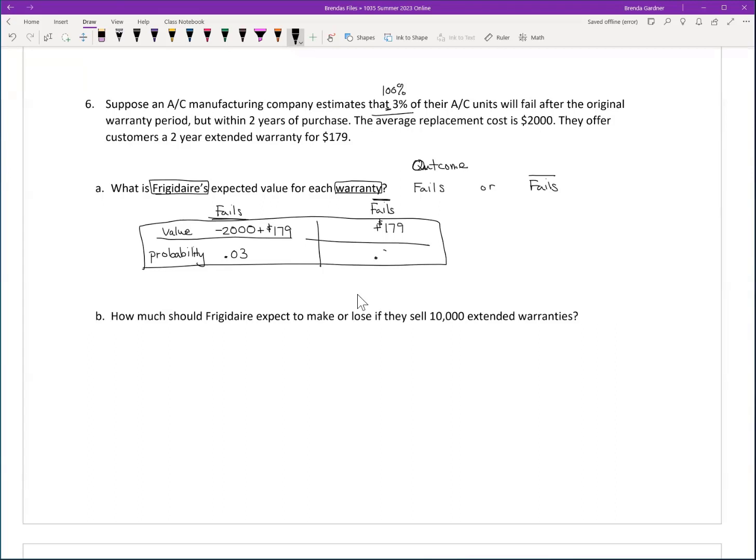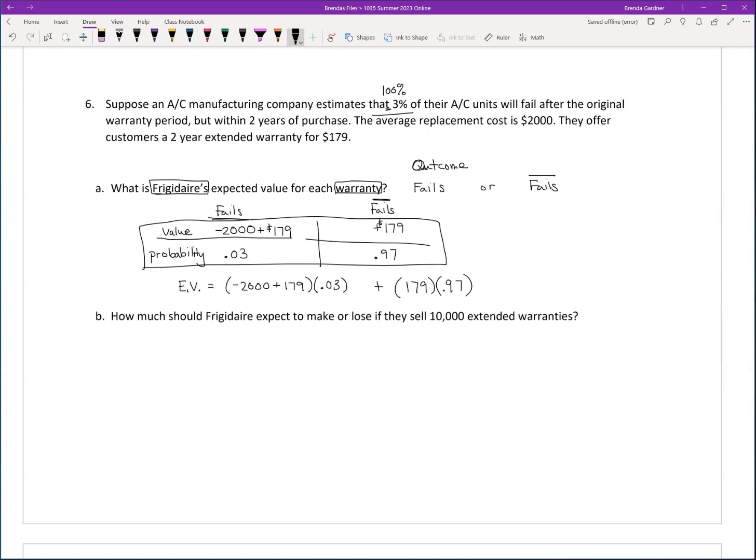In other words, 97% of the time it's not going to fail, because it can only fail or not fail. What we're going to do is multiply those. So the expected value is going to be negative 2,000 plus the 179 times 3%, plus a gain of $179 if it doesn't fail, which has a probability of 97%. I'll put the answer to this up in the key.